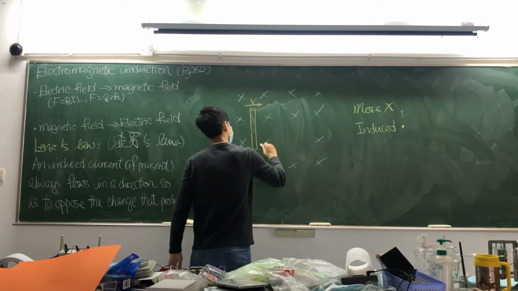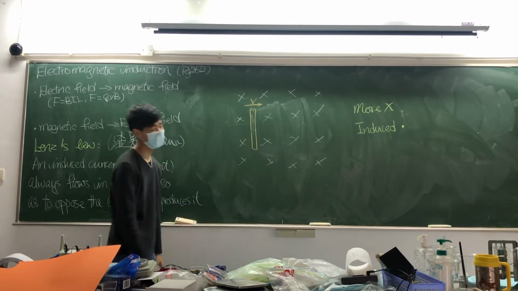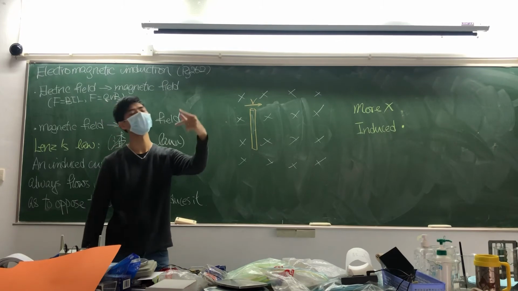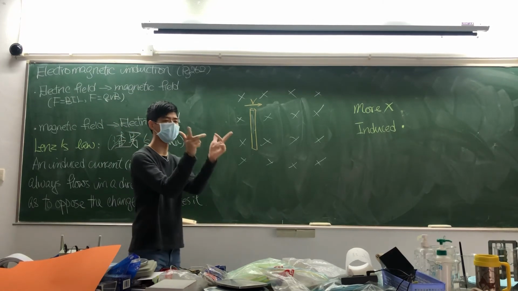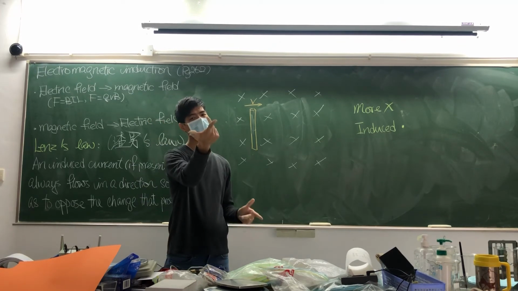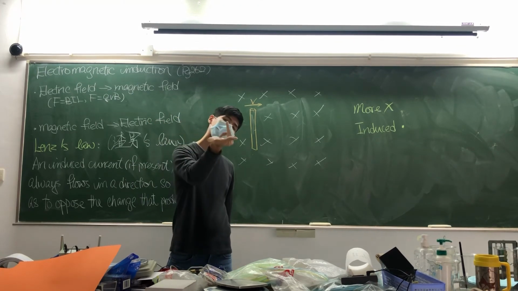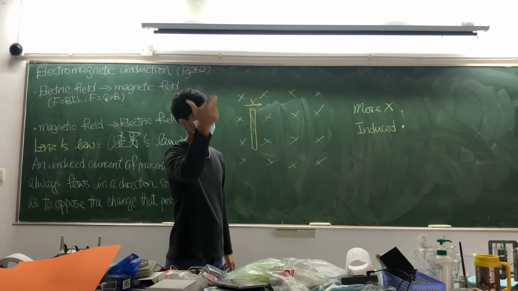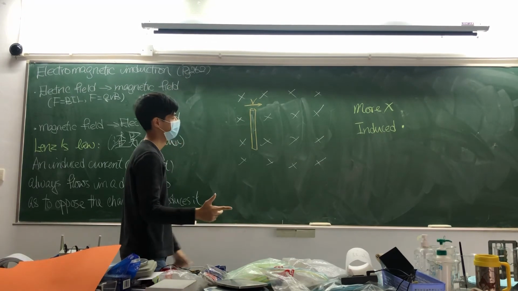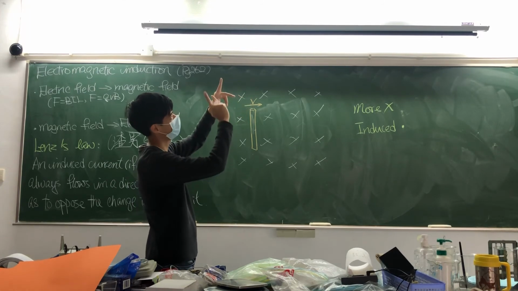So this method is actually the same as the FBI rule, or what we call Fleming's left-hand rule. Now we do the same posture with our right hand. For the left hand, which is FBI, it is force, magnetic field, current.